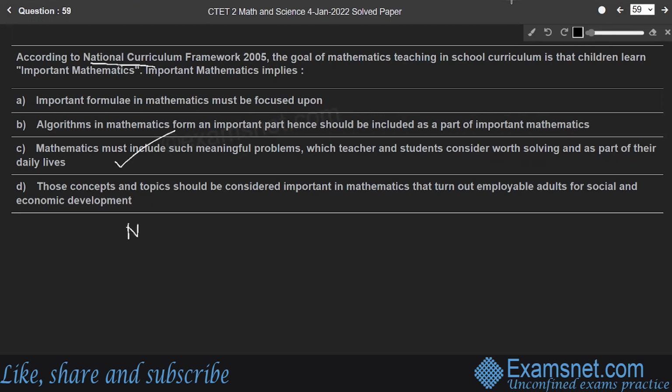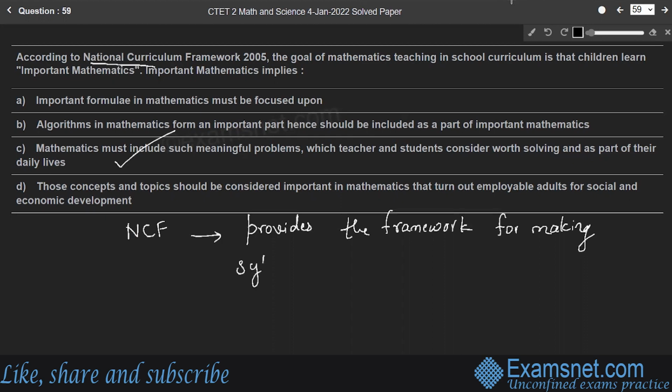So, NCF, National Curriculum Framework, provides the framework for making syllabus, textbooks, and teaching practices within the school education program in India.